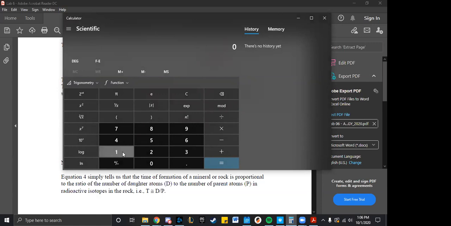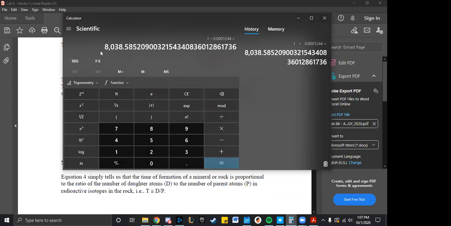So for the decay constant, it's 0.0001244, and then you take 1 over that number. So 1 divided by, and it should be the same. 0.0001244. Yeah.